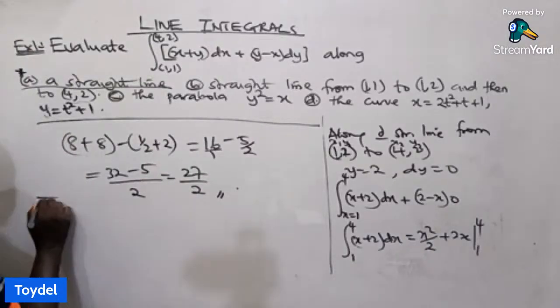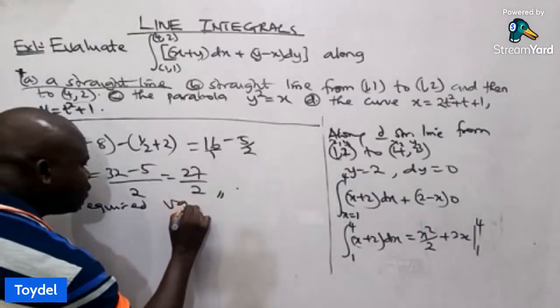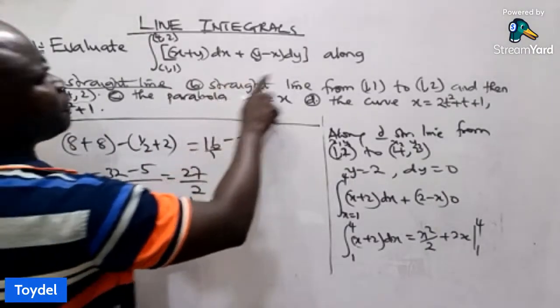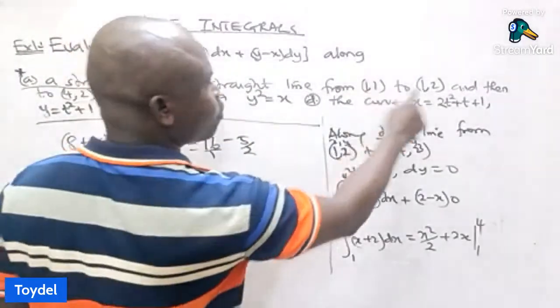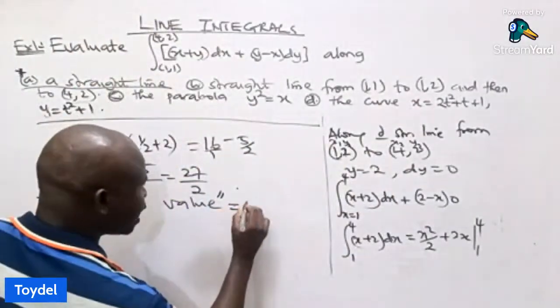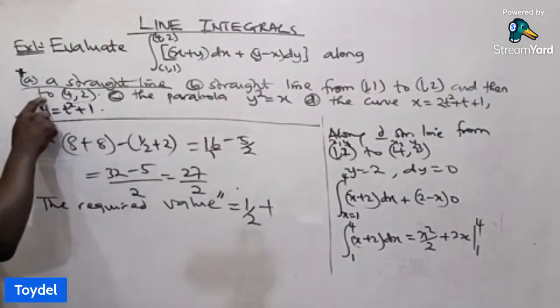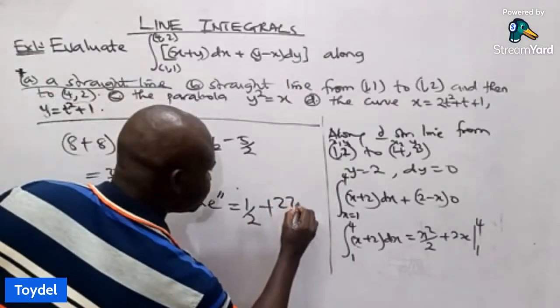So the required value will now be, if you evaluate along the same line from (1,1) to (1,2), the value is half, plus, from (1,2) to (4,2), 27 over 2.